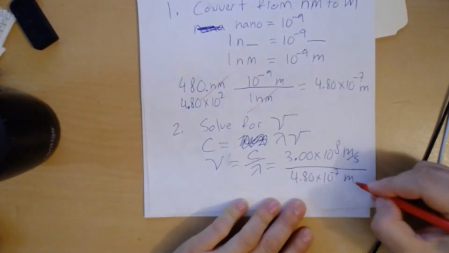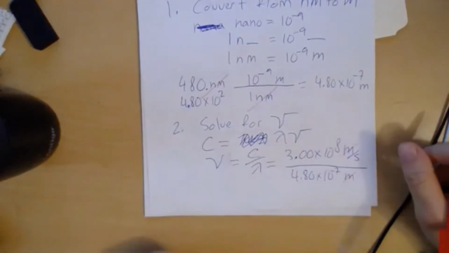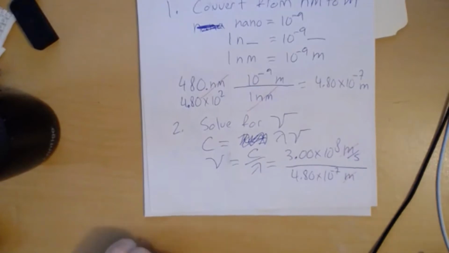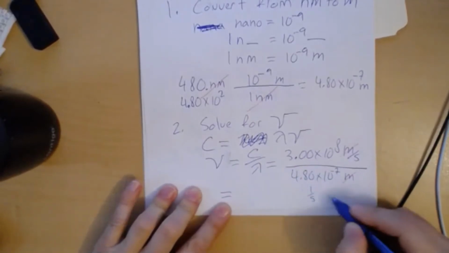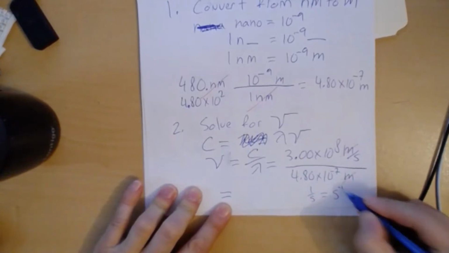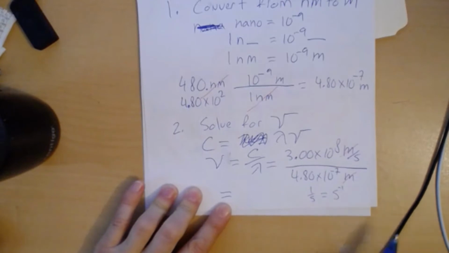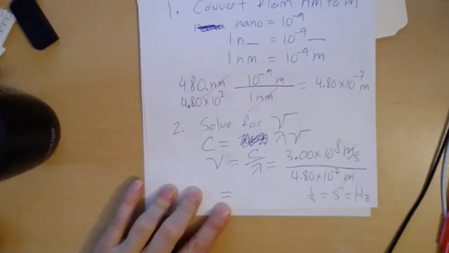Meters cancel? That's correct. So meters cancel. What am I left with? 1 over a second. So that's good. So my answer is going to be something 1 over seconds. Or sometimes if you see in Chem 1A, they'll write it as seconds to the minus 1. Or, again, you can use the official unit of hertz.